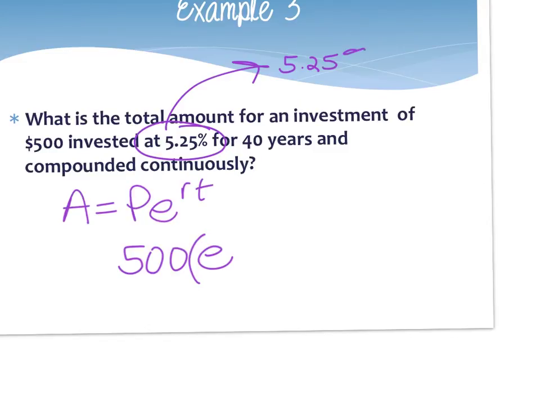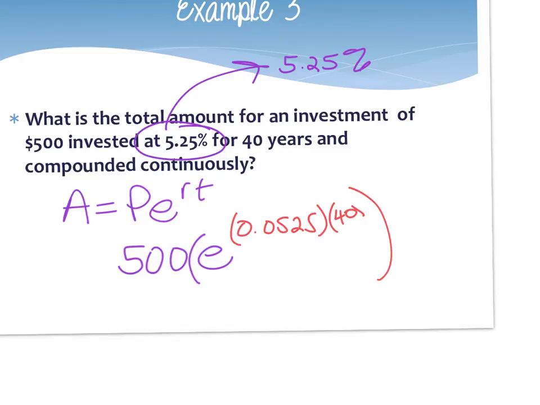5.25% is what as a decimal? 0.0525. Got to move my decimal 2 places, right? Times T. How many years is it in there? 40. So then I let the calculator do that work for me. Make sure that both the 0.0525 and the T, which is 40, are in your exponent, so it's not multiplying.